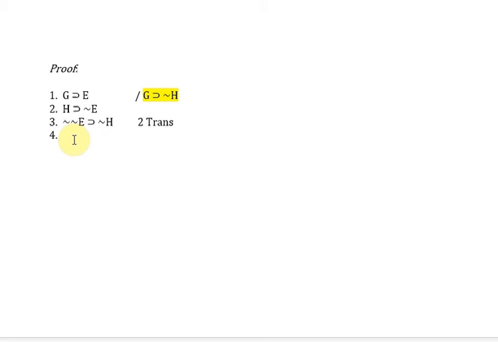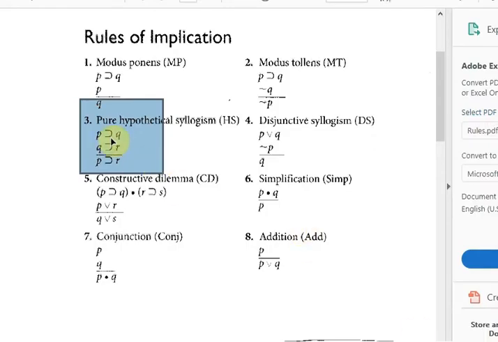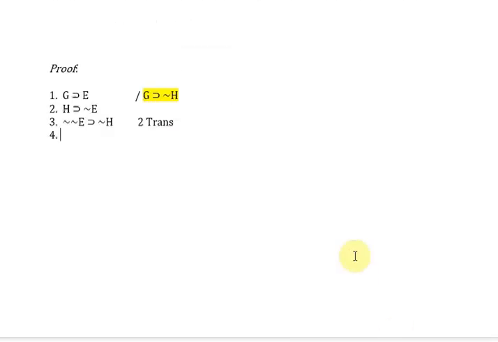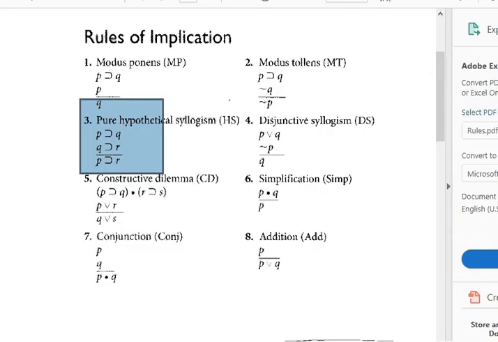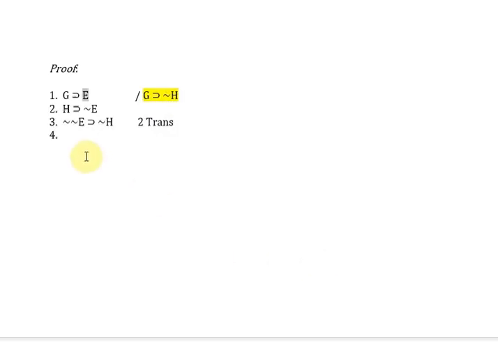The question is, the details here. How do we work that out in terms of the details? Well, notice that with the hypothetical syllogism, there's kind of a middle term here, which is the Q that connects them, right? The question is, do we have that here? Well, we do have not E here, and then we have E here. The question is, can we get this not E to become an E, so that then we do get that middle term, which in our hypothetical syllogism would be our Q, right? And the answer is, of course, yes.